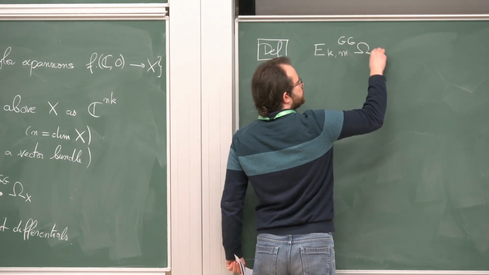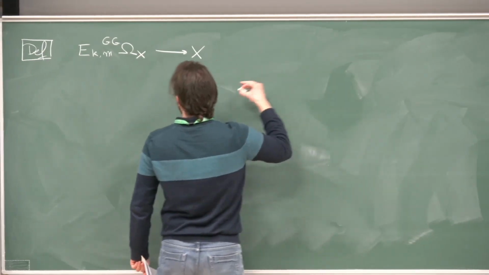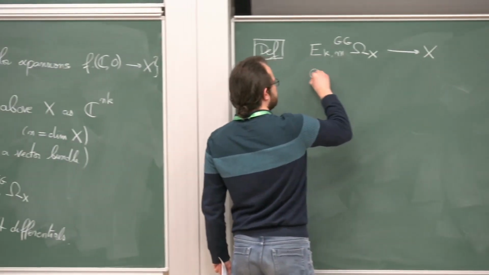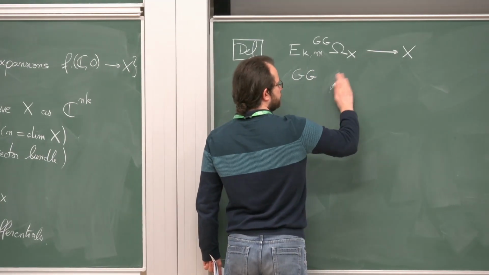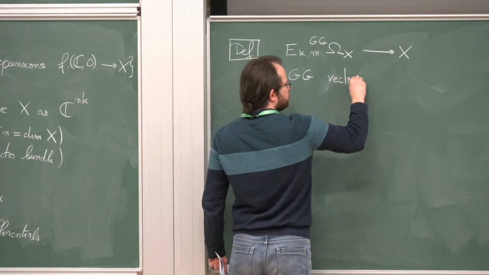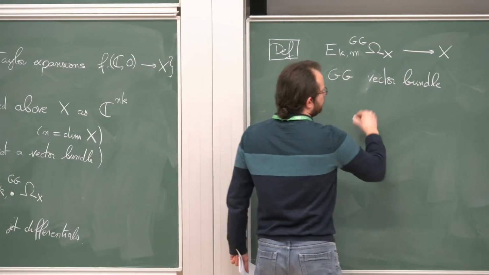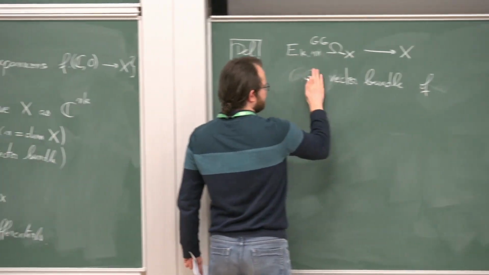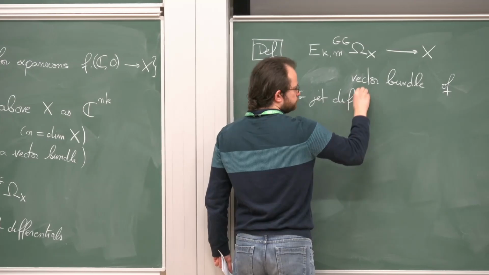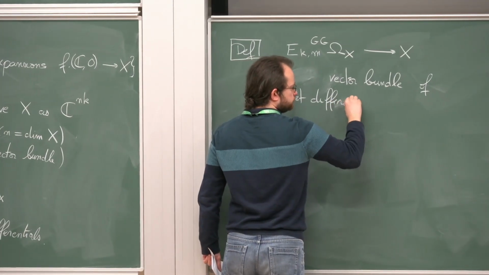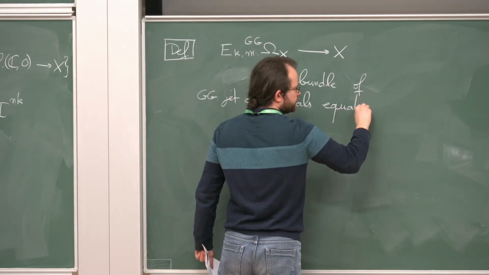If we fix an integer m, then we get the Green-Griffith jet space. This time it's a vector bundle of Green-Griffith jet differential equations of order k and degree m.